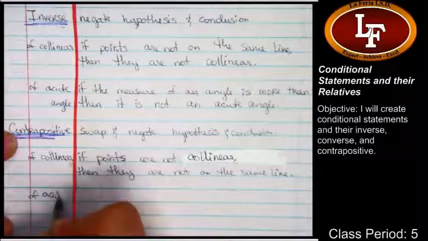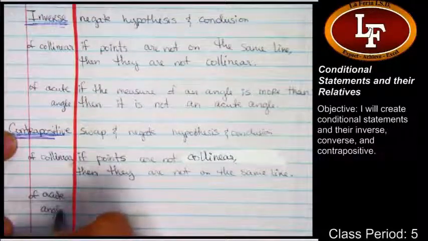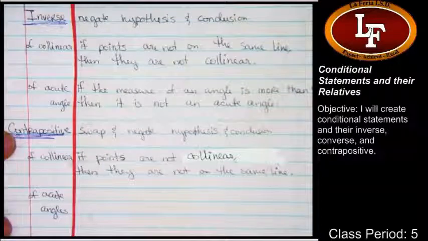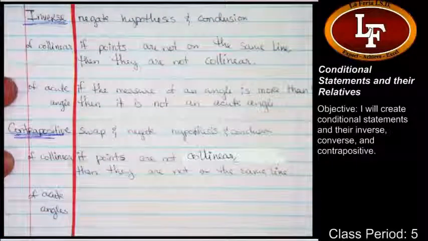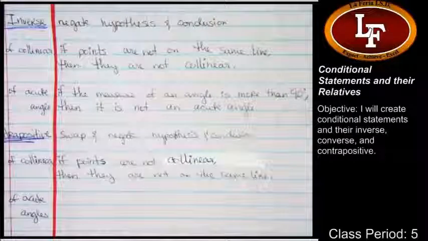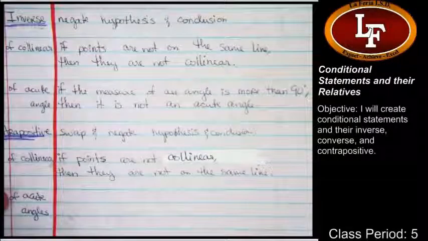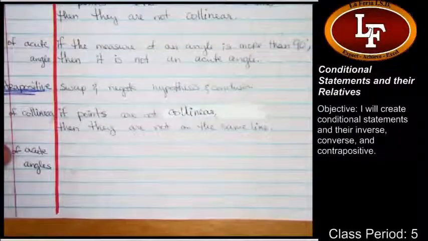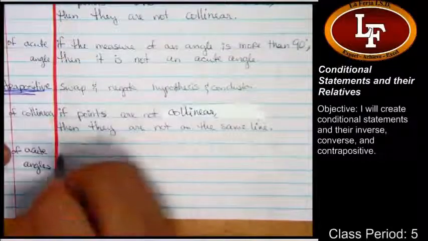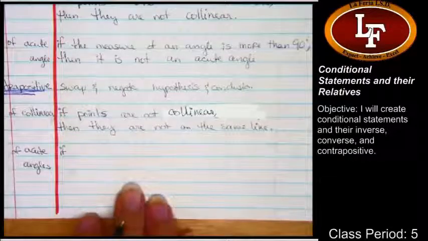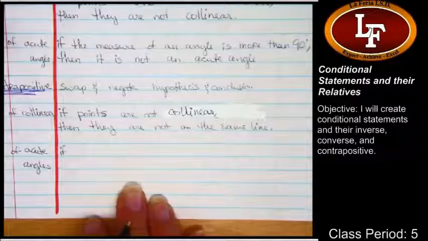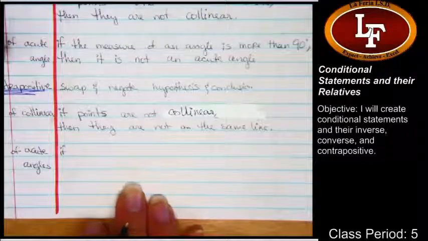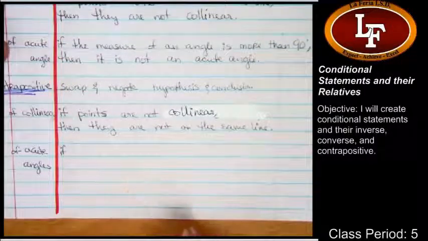All right, let's do the last one real quick. Let's do the contrapositive of acute angles. All right. I have the inverse up here, and hopefully I can write things in the right direction this time, because, oh my goodness, that was embarrassing. All right, so what was the conclusion of the inverse of the acute angles conditional statement?